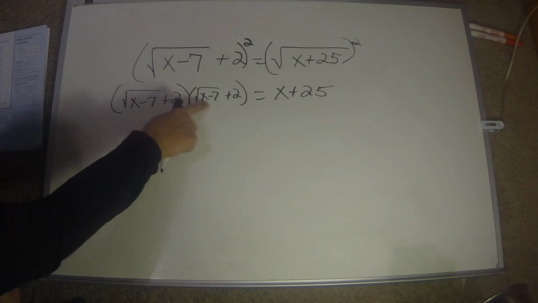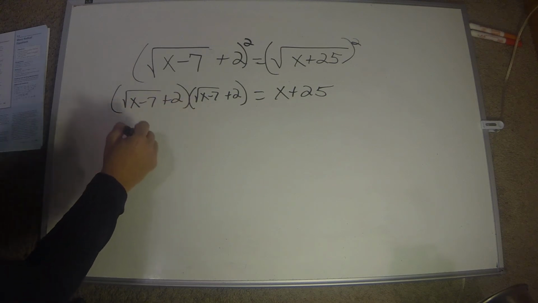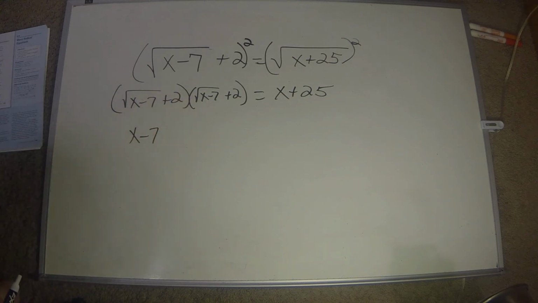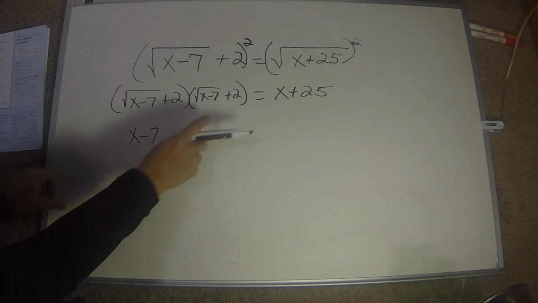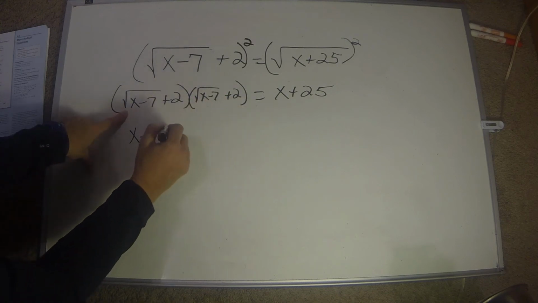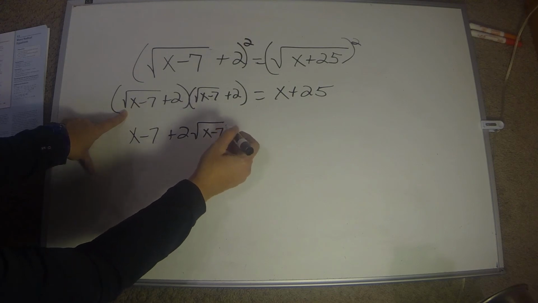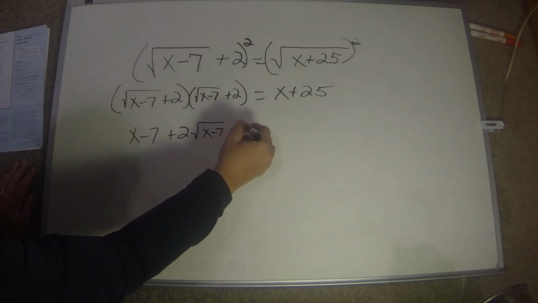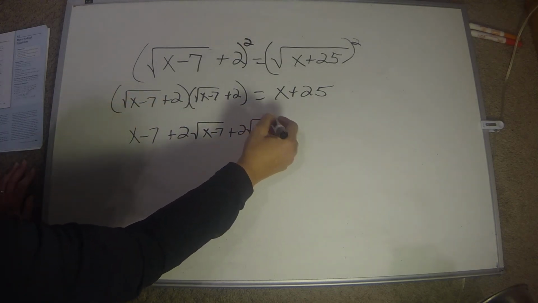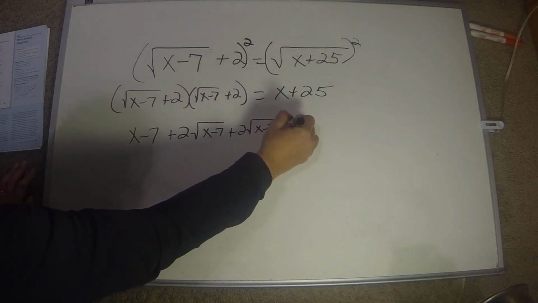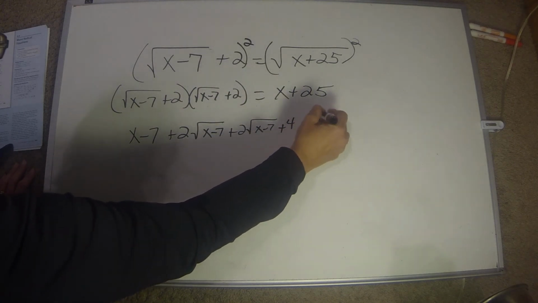So here both of these times each other is just going to be x minus 7, because it's like the square root of x minus 7 squared. So that would just equal that. If we do our outer, that is 2 times the square root of x minus 7. The inner, same thing. And then the last is 4.